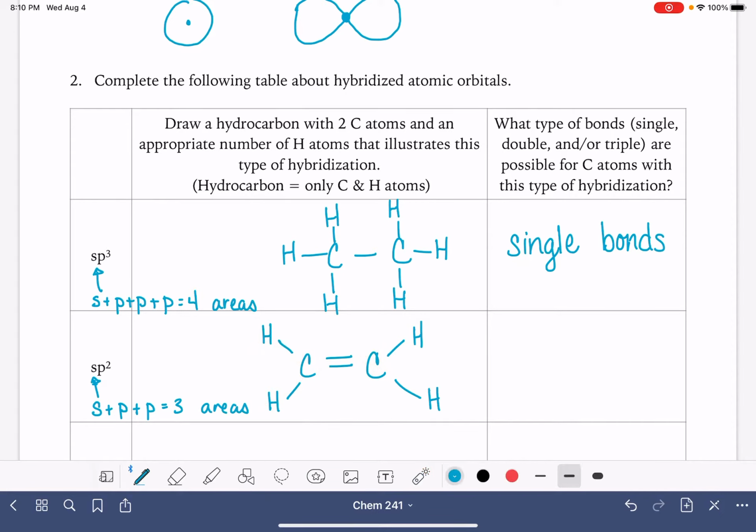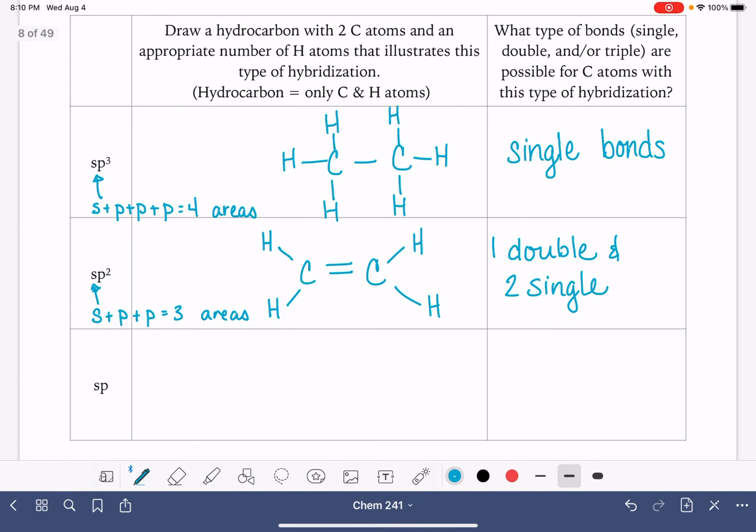So a molecule that has a carbon atom that's sp2 hybrid, we can see from this picture right here that it's going to have double bonds. It's also going to have single bonds. 1 double, 2 single.